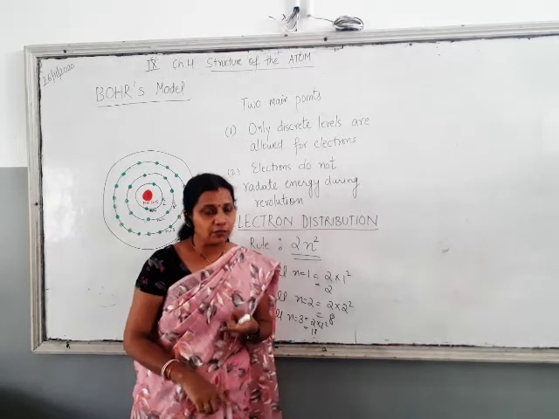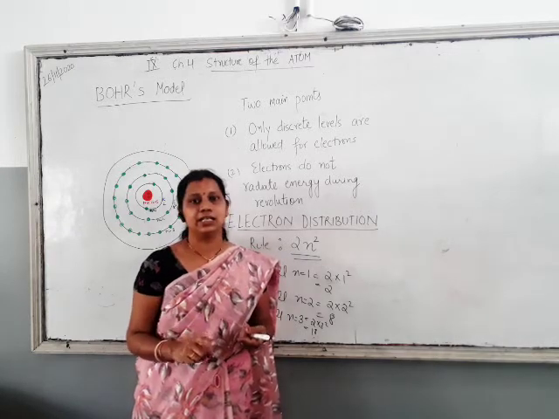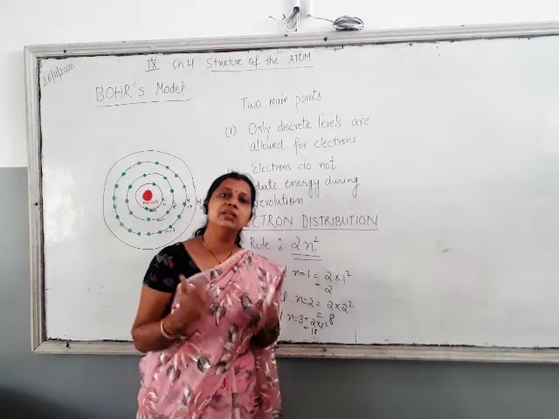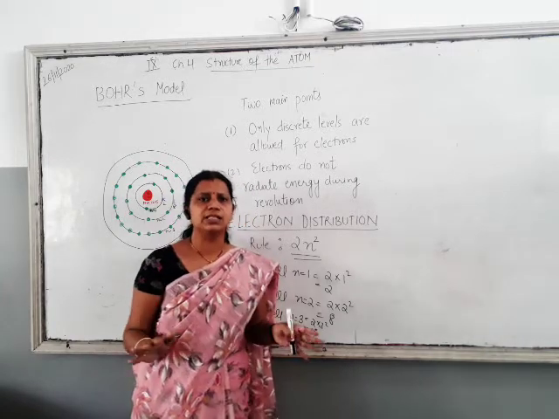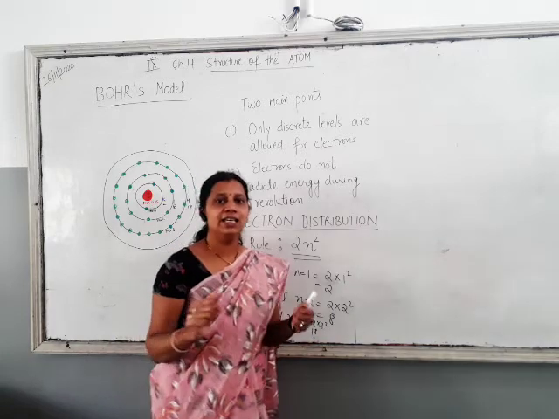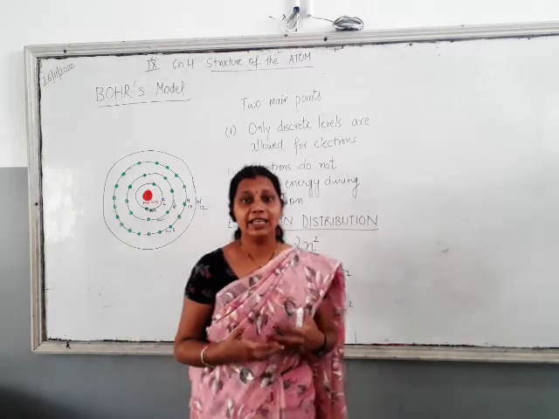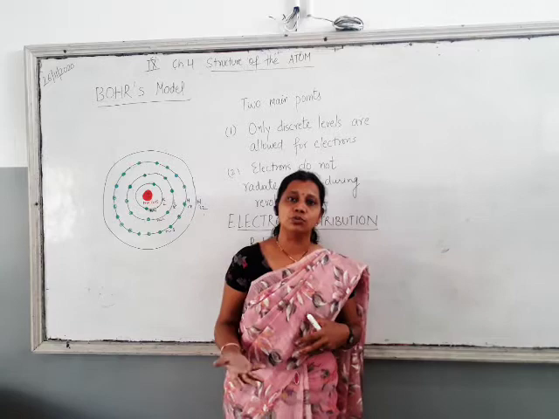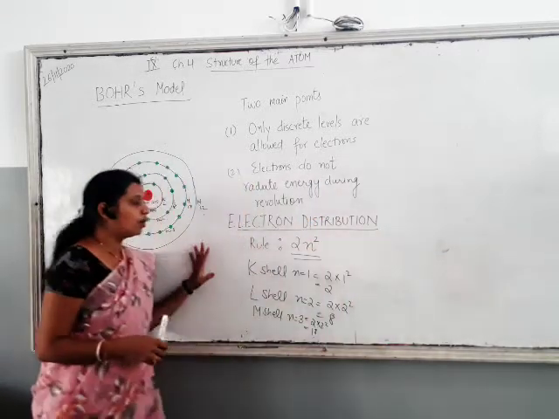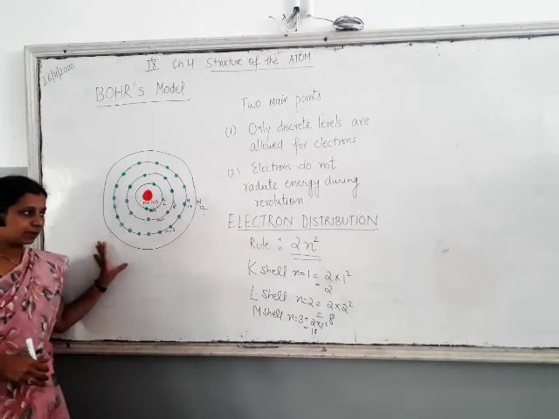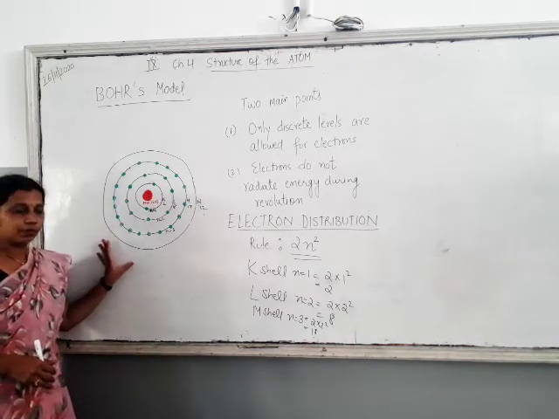Here, electrons are revolving around, but they are not radiating because they are already in their minimum state, or we can say in the ground state, the most stable state. They don't have any extra energy to lose. They are in their lowest energy state. So this is the model given by Niels Bohr.